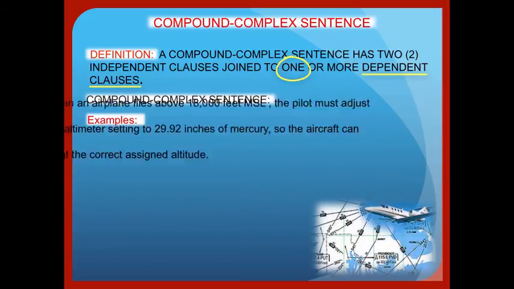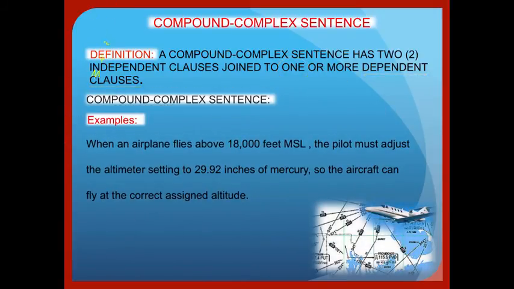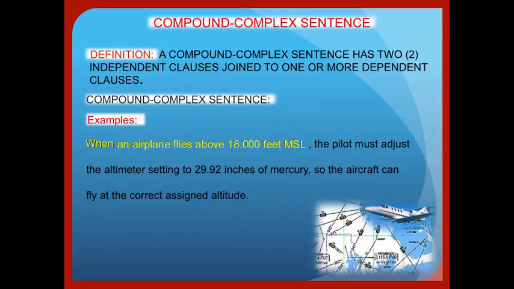For an example, when an airplane flies above 18,000 feet MSL, mean sea level, the pilot must adjust the altimeter setting to 29.92 inches of mercury so the aircraft can fly at the correct assigned altitude. The dependent clause in the first sentence begins with when, and it is attached to an independent clause, which indicates a complex sentence.